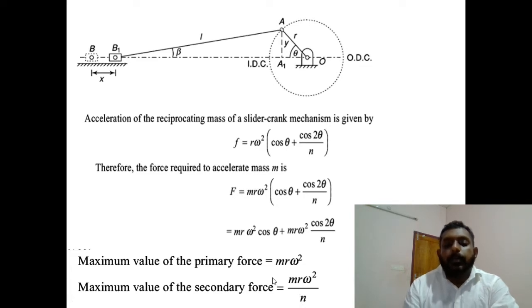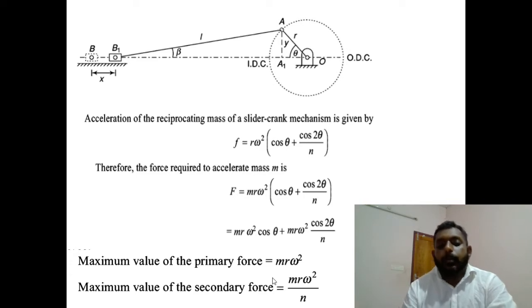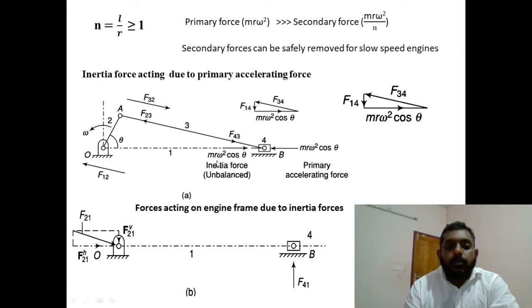Now we can compare the magnitude of primary forces and secondary forces. When we consider the primary force m r omega square and the secondary force m r omega square divided by n, the value of n is equal to L divided by R, where L is the connecting rod length and R is the crank radius, and that is always greater than 1.